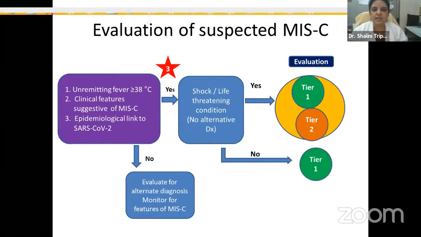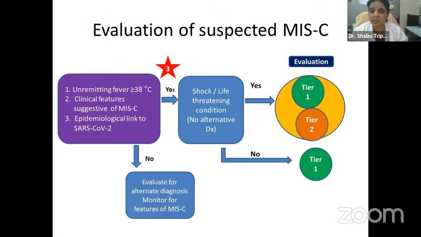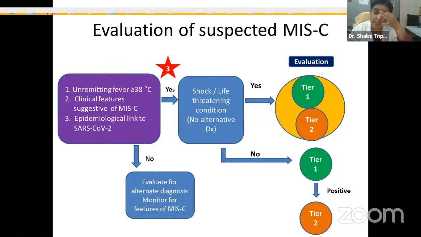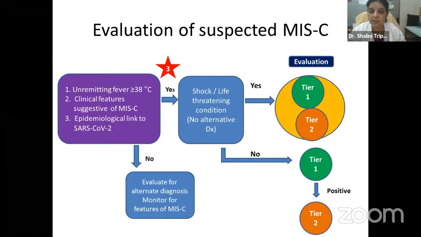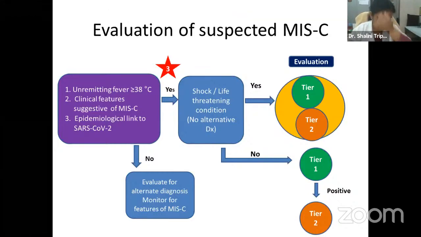Suppose the patient is unstable, then we have to do tier 1 and 2. If the patient is stable, then we go for the tier 1 tests of MIS-C, and if positive, we go for tier 2. So stable patient, tier 1 followed by tier 2. Unstable patients, we have to do all the tests together, if it is available in your hospital.